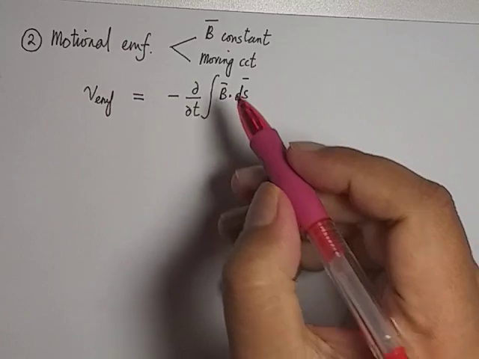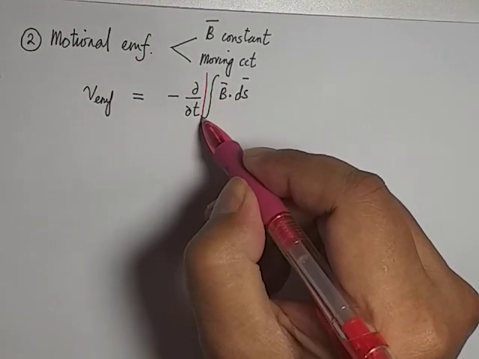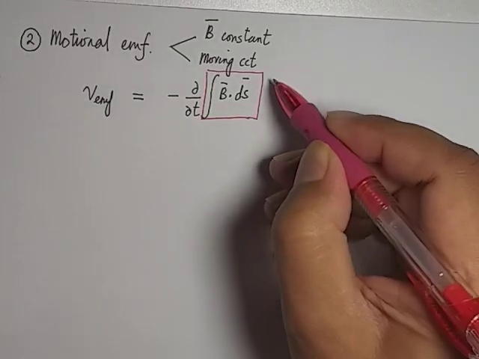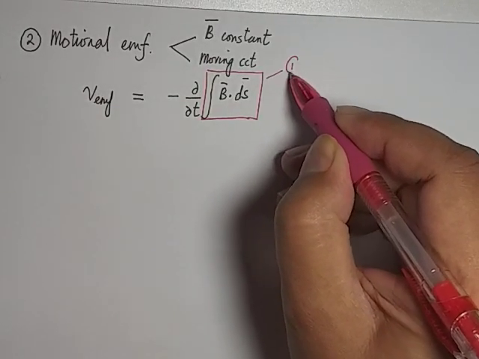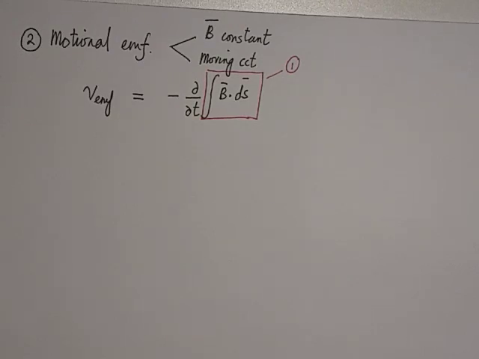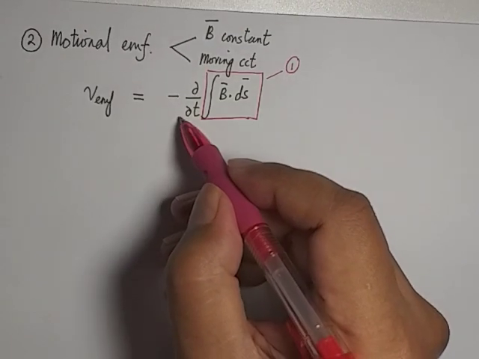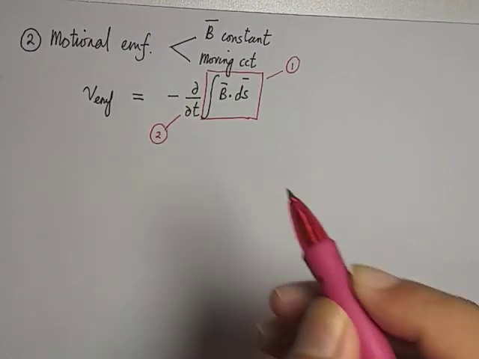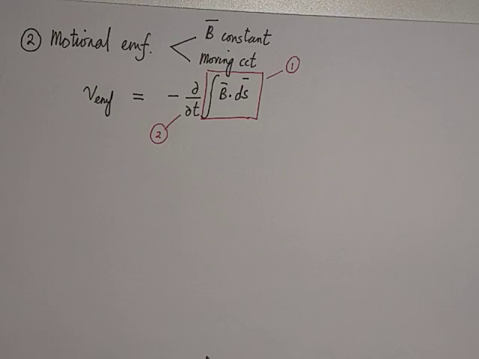So this is going to be your first task. Once you are done with the integration, only then do you do the differentiation. That should be the typical approach when you want to solve a problem based on motional EMF, which is totally opposite to what we have seen for transformer EMF.